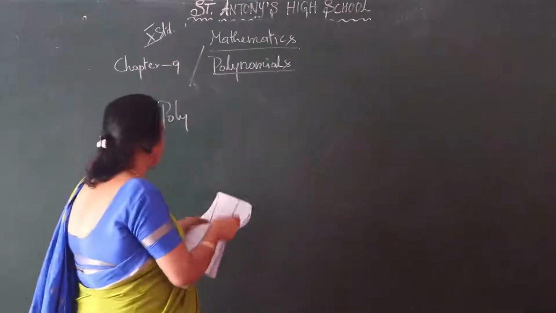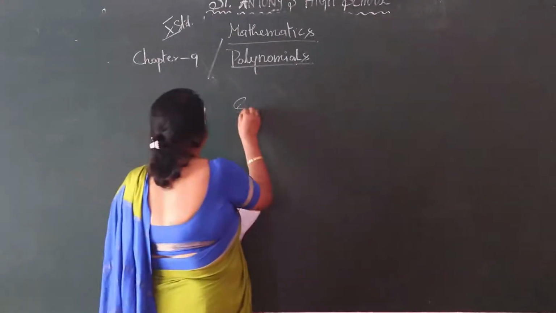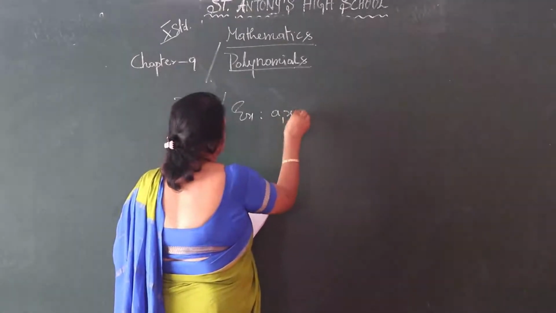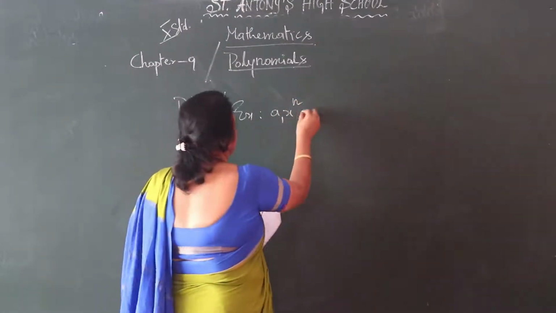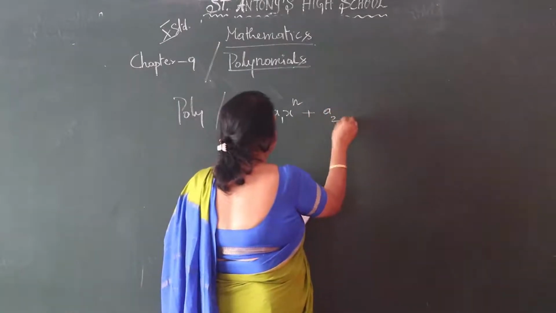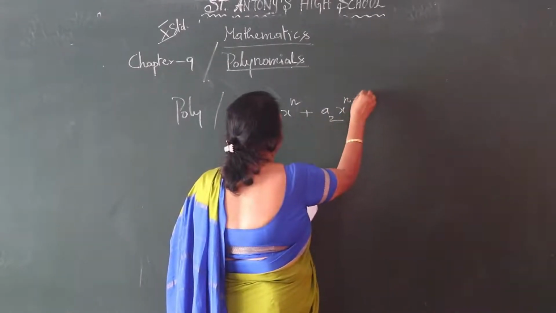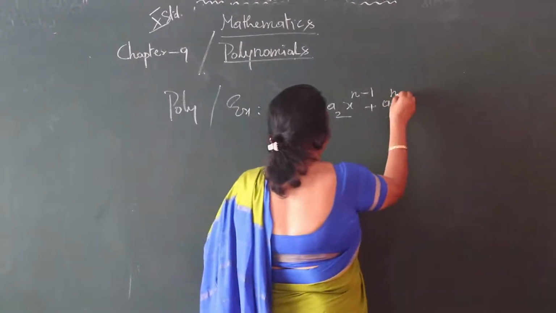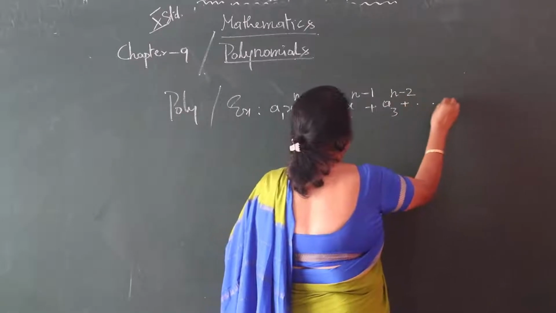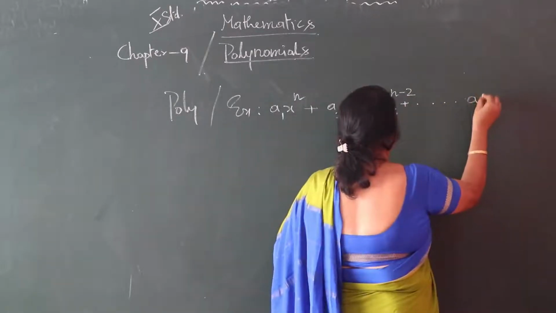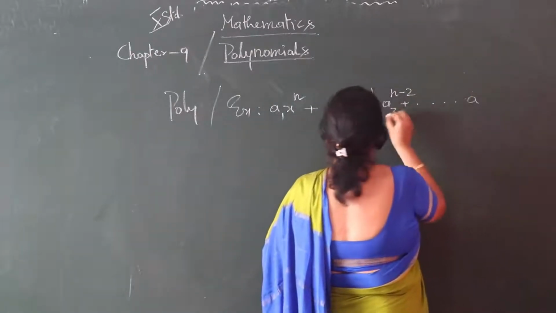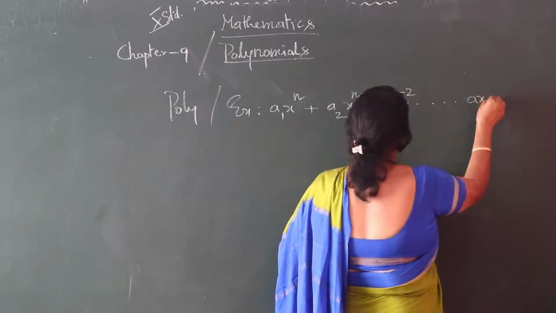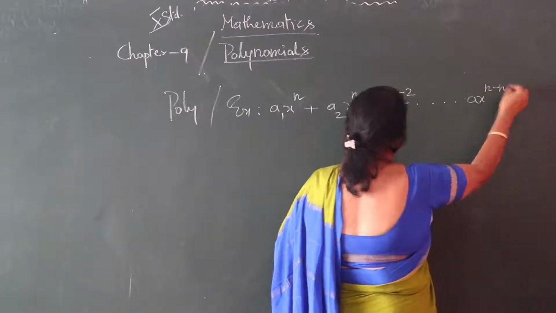For example, a1x to the power of n plus a2x to the power of n minus 1 plus a3x to the power of n minus 2, etc., up to the last term, a to the power of n minus n.